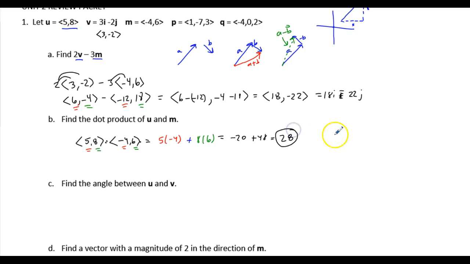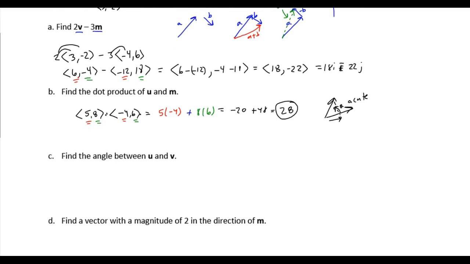That's a positive dot product, so that's going to tell us that our vectors are going to have an angle between them that is acute, because there's at least some portion of the one vector that's in the same direction as the other. If I project onto that like I'm shining a light, you can see that this vector's got a little piece in the same direction as that, and that's why it's a positive number.